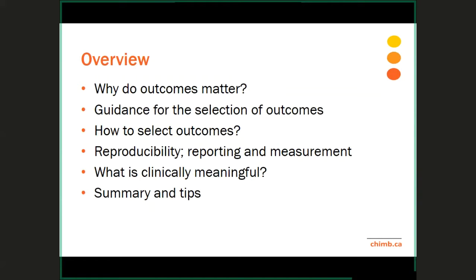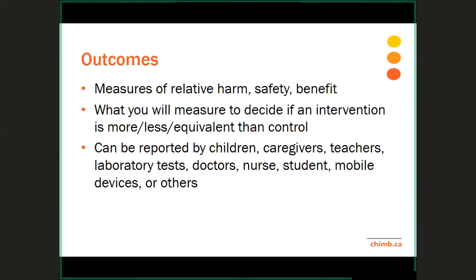We'll talk about what's appropriate for selection, and reproducibility, which is outcome measurement, measuring things in a consistent way, as well as reporting guidelines. What does clinically meaningful mean? Clinically meaningful to whom? I'll end off with a couple of tips and examples, and then a very quick summary.